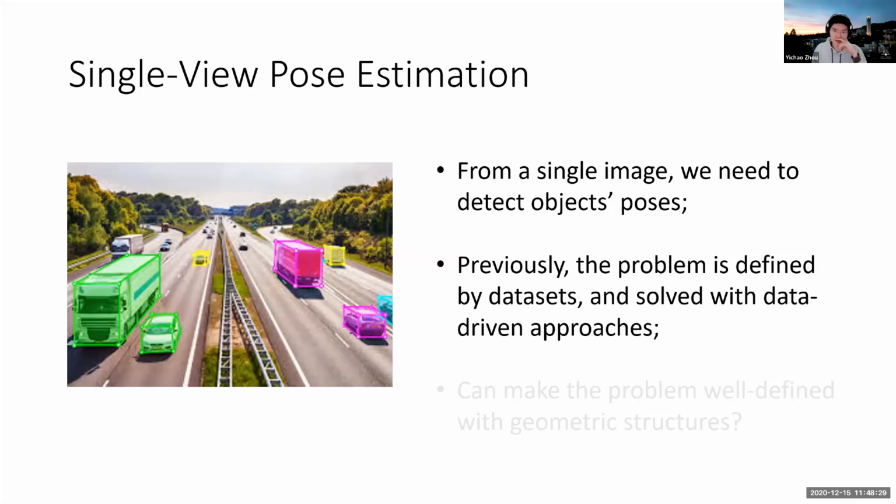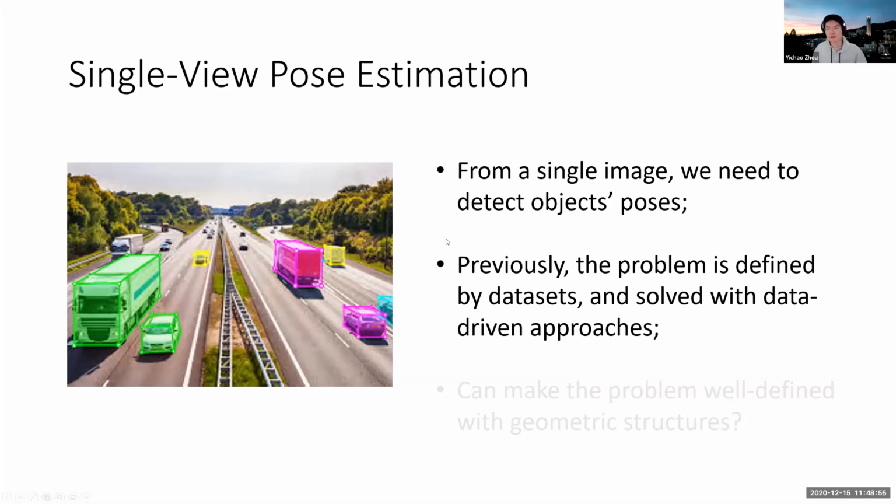The problem here is that this problem is not that well defined. More often, the single view pose estimation problem is defined by the data set rather than by a particular rule. How do you define what this bounding box is? You ask a human to label it, and you put it in a data set. So the problem is defined by the data.